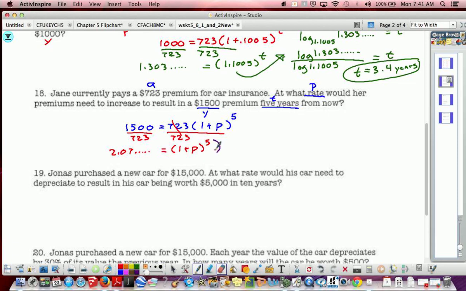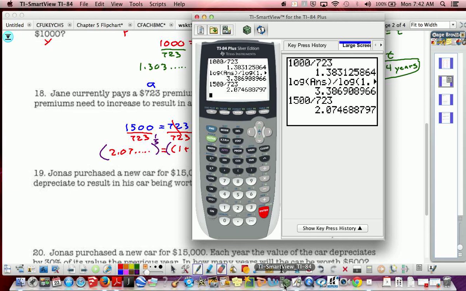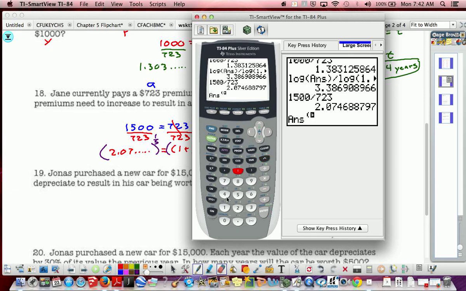Now to get rid of the 5th power, I'm going to take both sides to the 1/5 power. So on my calculator, I can just take my answer, raise it to the 1 divided by 5 power.